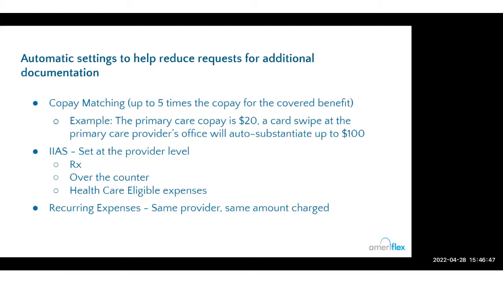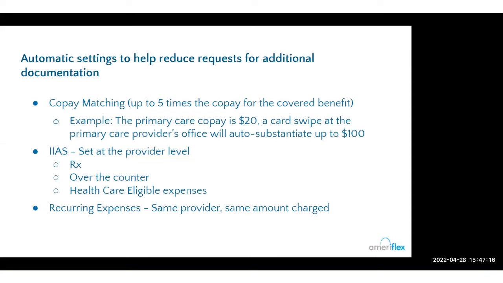So one thing that I like to suggest is when you are going to a pharmacy or somewhere where you're purchasing healthcare eligible expenses, that you use your Ameriflex card first, so the card runs for all of the eligible purchases that you're making. And then the system will tell you what more is needed to be tendered with another form of payment.